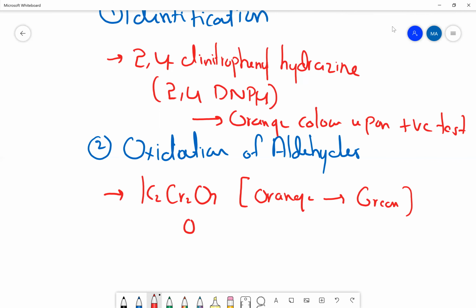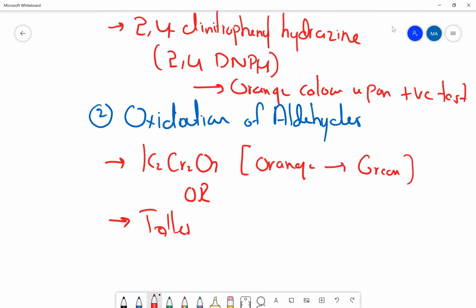You could use K2Cr2O7, or you could use a Tollens reagent. Tollens reagent is basically a silver solution containing silver ions, and you could observe a silver mirror, a layer of silver, or a black precipitate.